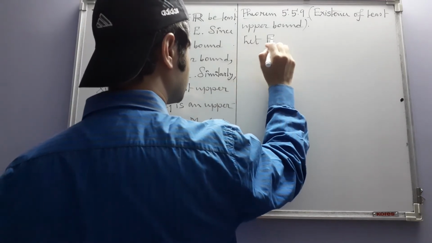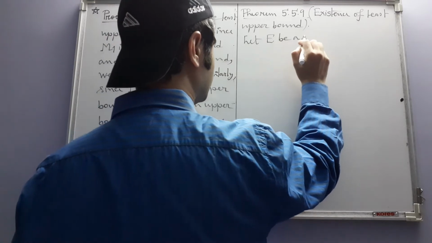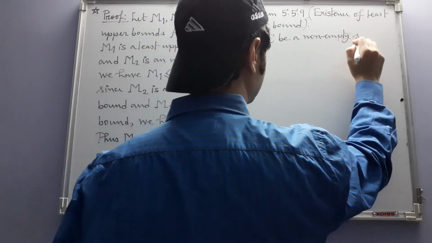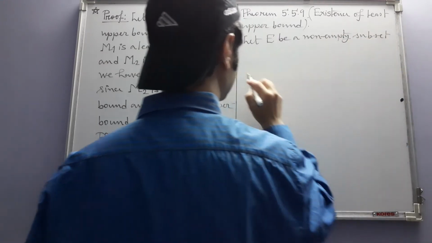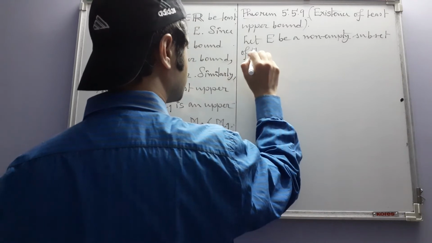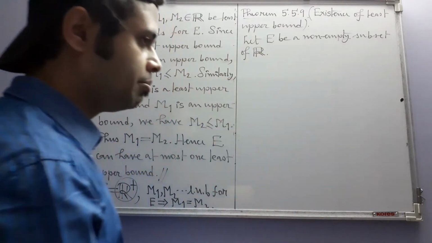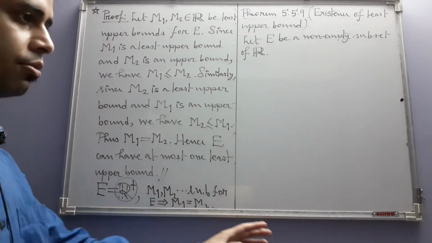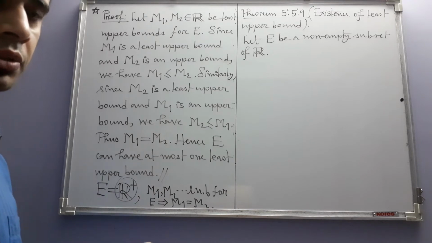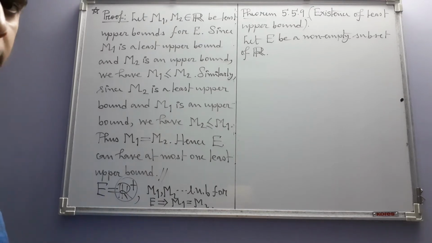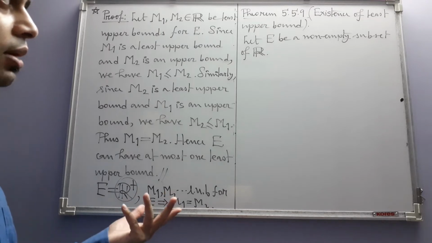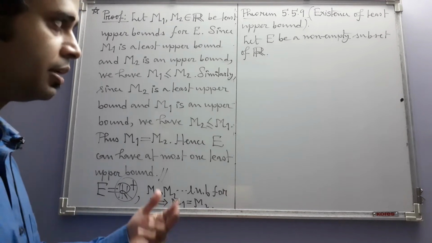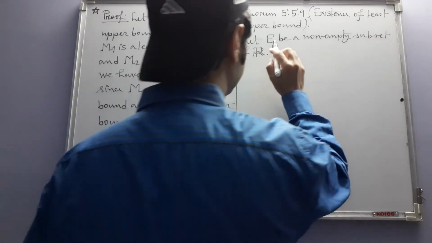Let E be a non-empty subset of R. Keep in mind that we have already seen that the empty set has all real numbers as its upper bound. So naturally it has no least upper bound. However, if our set is non-empty and has an upper bound, then it must have a least upper bound.